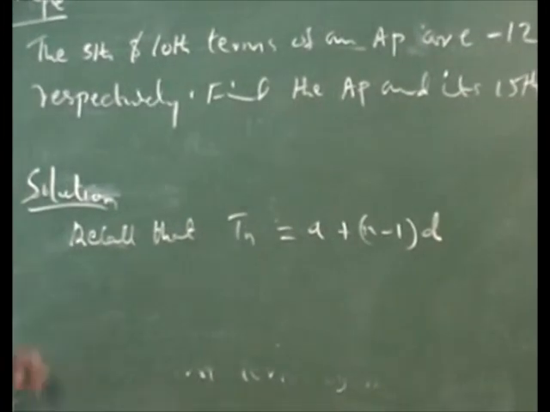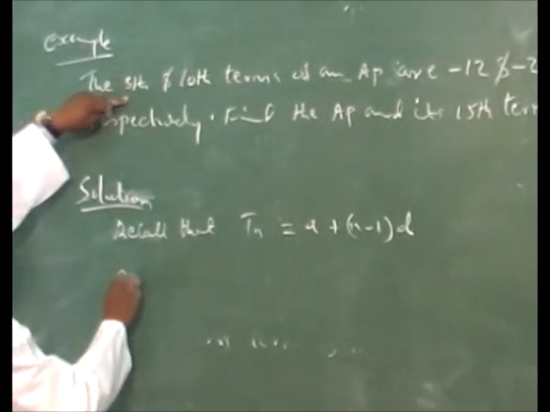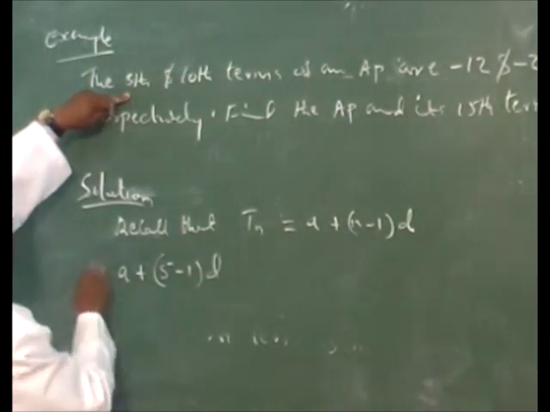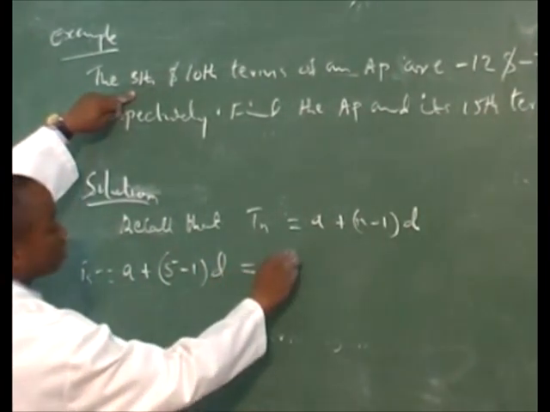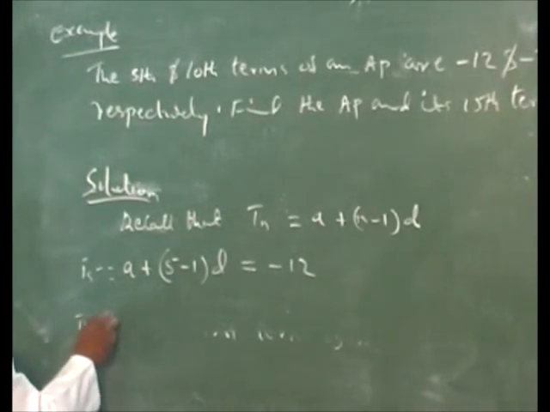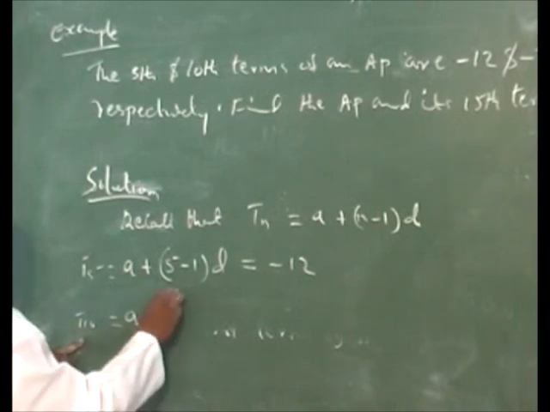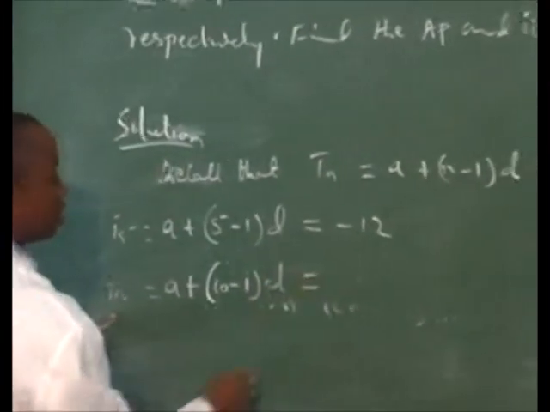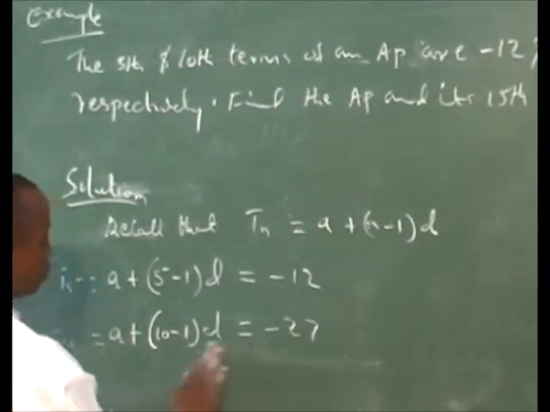So if it is so, the fifth term will be a plus (5 minus 1)d, that is T5, and they say it is equal to minus 12. Also, the 10th term, that is T10, will be a plus (10 minus 1)d, and they say it is equal to minus 27.